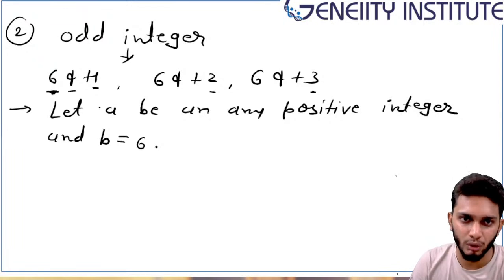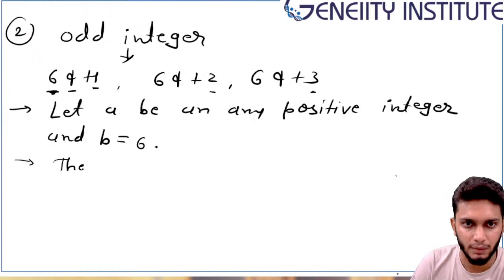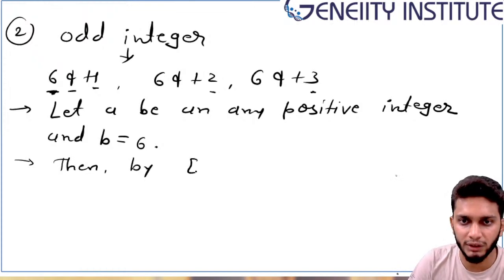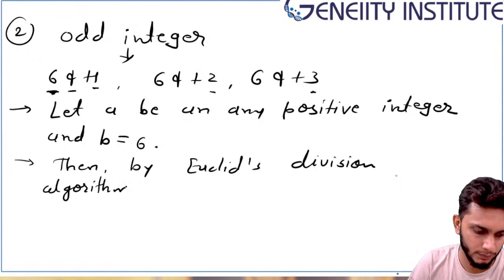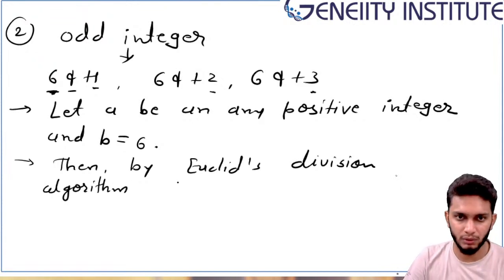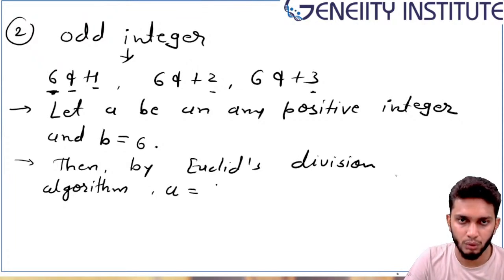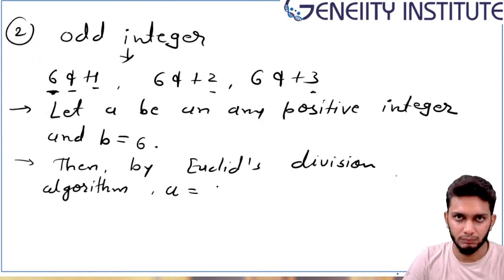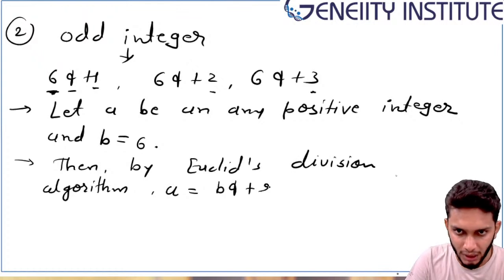Then by Euclid's division algorithm, you can write a is equal to bq plus r.